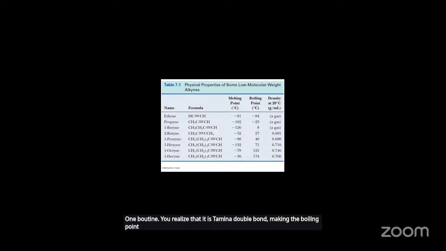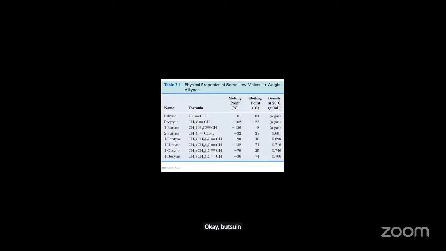From the melting point, you can understand that the position changes things. So now, what are we talking about? If you look at 1-butyne, you realize that it has a terminal triple bond, making the boiling point very low. And this one is balanced. But-2-yne is more balanced than but-1-yne.